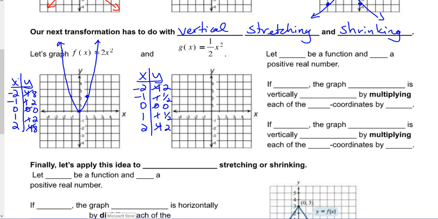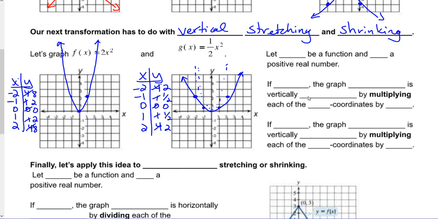So now I have points that I can plot: (-2, 2), (-1, 1/2), (0, 0), (1, 1/2), and (2, 2). So what we now have is a vertical shrink, where it gets wider, it gets fatter, or we squash it down a little bit. This would be the original here, okay? So it's on the outside of the original. It is a little bit wider, okay?